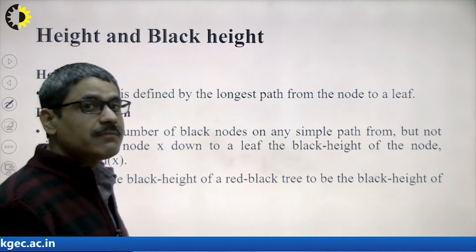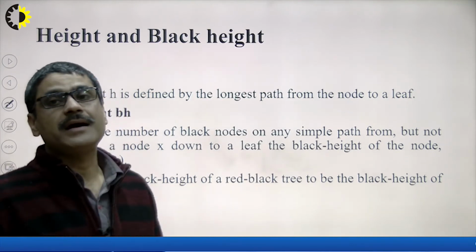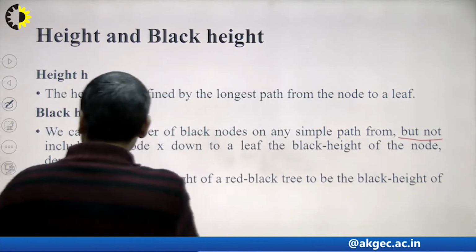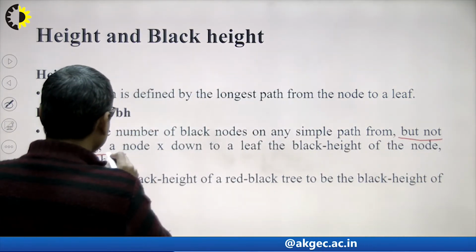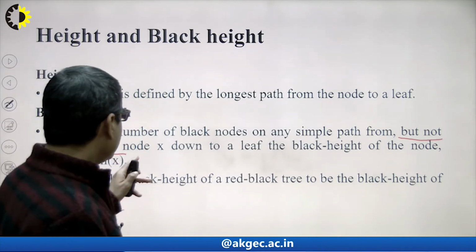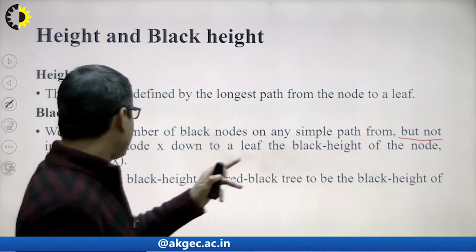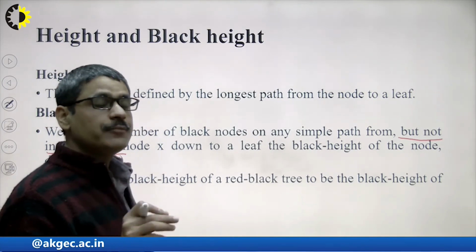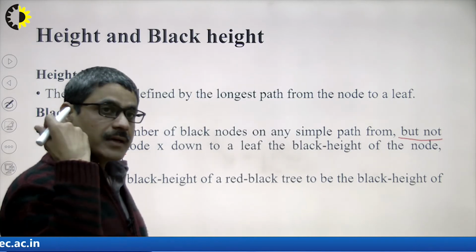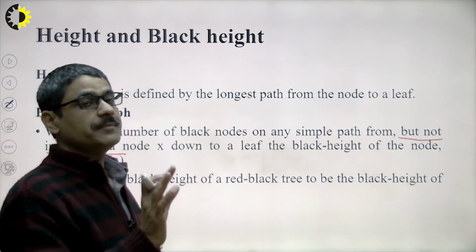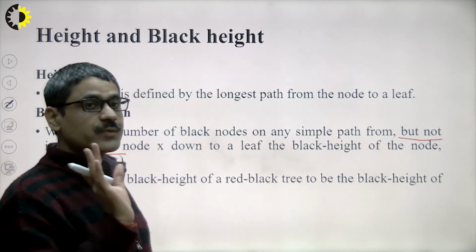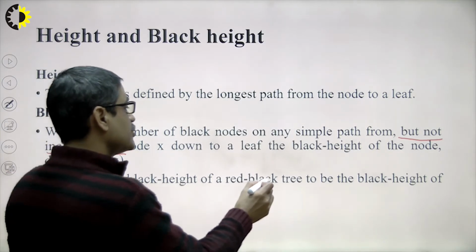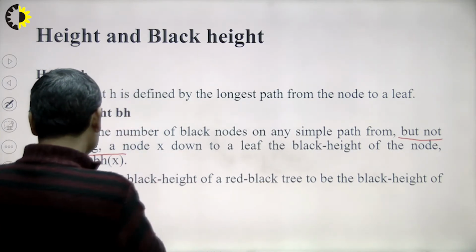So we call the number of black nodes on any simple path, but not including that node, this is very important, the node x down to a leaf, the black height of the node, denoted by bh(x). We have to just ignore the color of that particular node. So we cannot include that node. We define the black height of a red black tree to be the black height of its root.